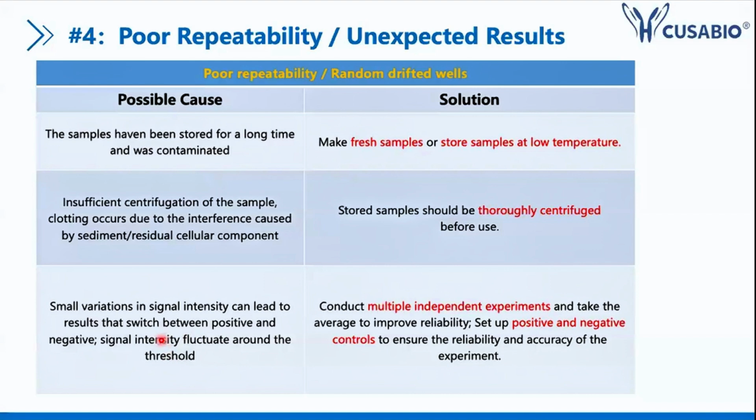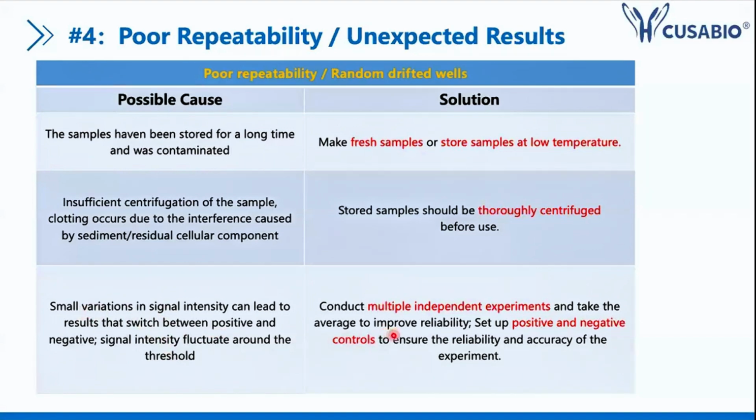The last possible cause, I think, is related to the qualitative kit. With the qualitative kit, usually when we make the decision, we just determine whether it is positive or negative, right? But sometimes signal intensity fluctuation will affect the decision, because there is usually some small variation around the threshold. So you sometimes get positive, you sometimes get negative.